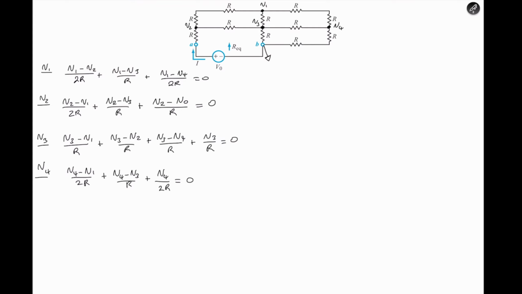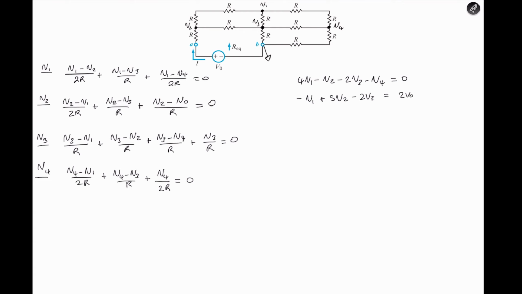As you can see, in the first part of the problem, I had written down everything before starting the video. So this is just a little bit of algebra gymnastics. Simplification will lead to 4V1 minus V2 minus 2V3 minus V4 equals 0. And then minus V1 plus 5V2 minus 2V3 equals 2V0.